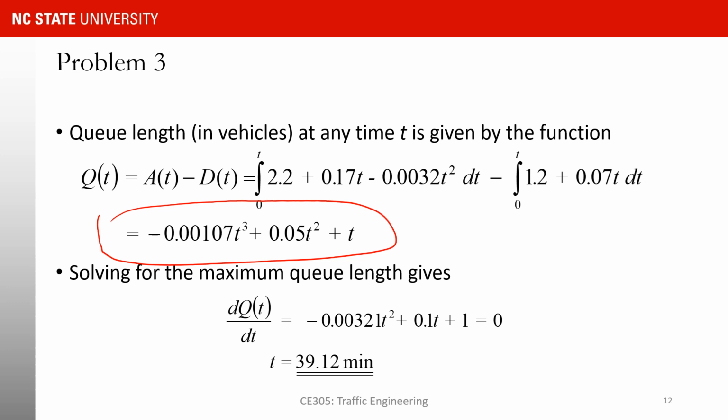You set it equal to 0, you're going to get two numbers. One is going to be between 0 and 65. The other one is going to be outside. So the one that is between 0 and 65 is going to give you the time at which the queue length is going to be maximum.